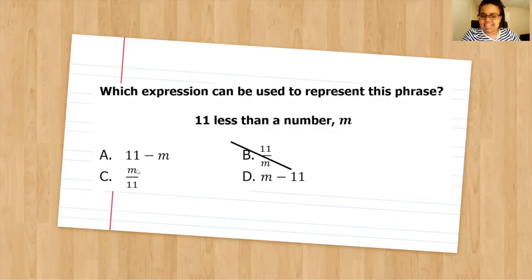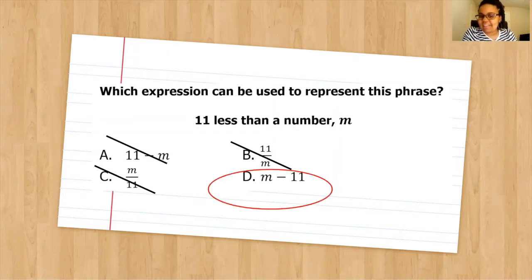And c says a number divided by 11, or m divided by 11. That won't work. All right, so we want 11 less than a number. That means we need to have a number and we need to take 11 away from that number. Which one do you think that will be? If you said d, you're right.